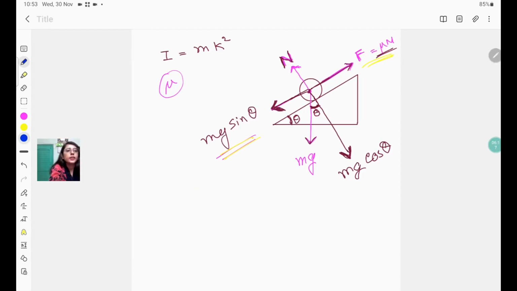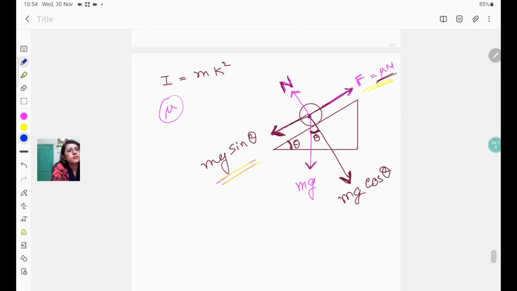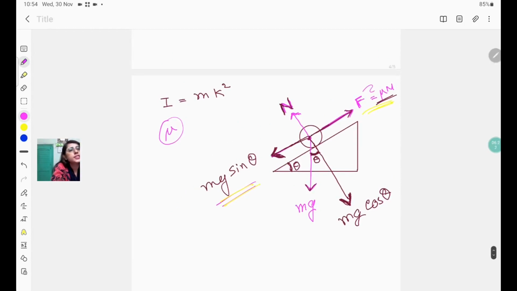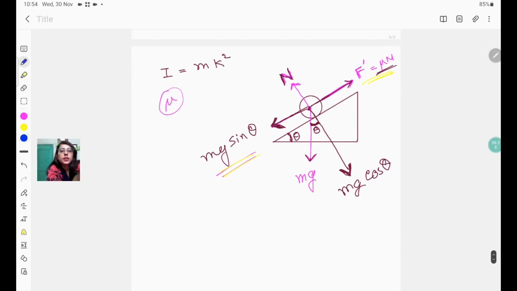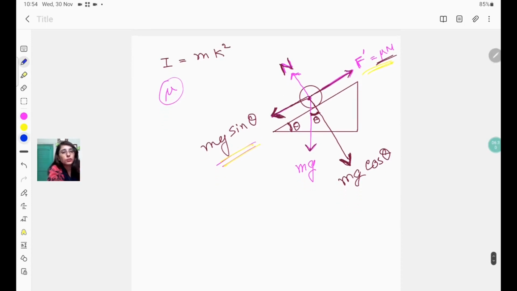If we write this resistive force as F prime, then F prime is equal to mu N. Then the force for which the body is coming downwards will act along this direction, and it will be mg sin theta minus this force which resists it, that is mu N. Now this is the force F for which the body is rolling down.